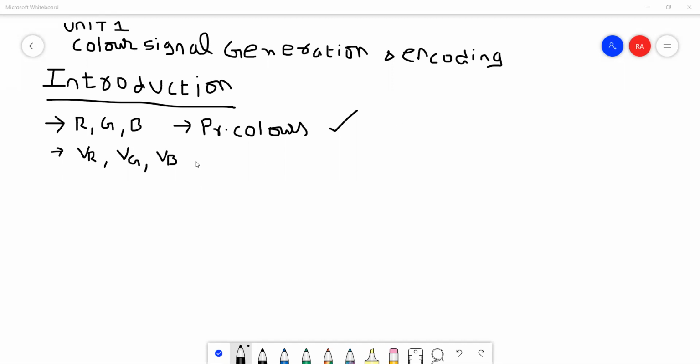Now what happens to these signals? These voltages are added, that is, combined, because to form a color we add all three colors. So VR, VG, VB are combined in a suitable way to form two equivalent signals.